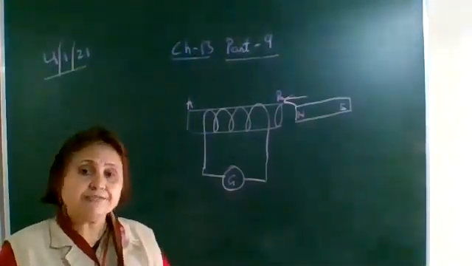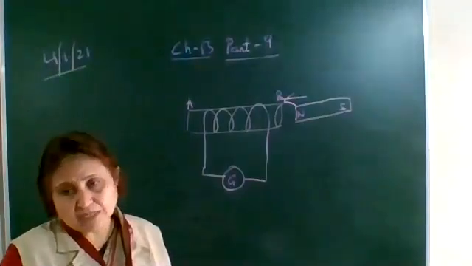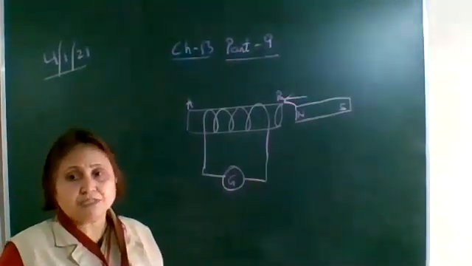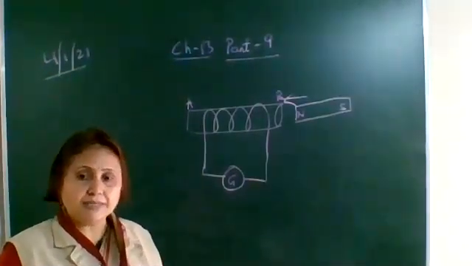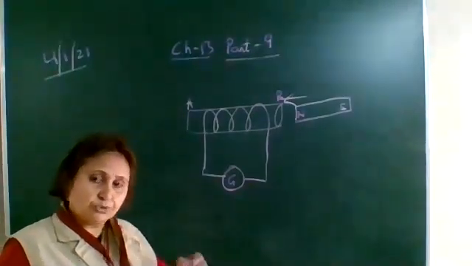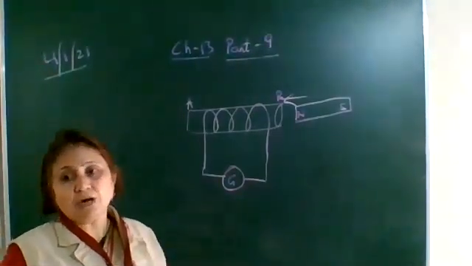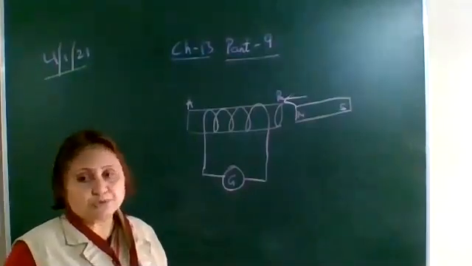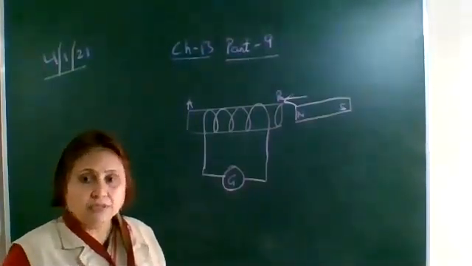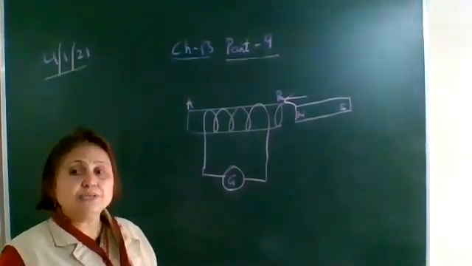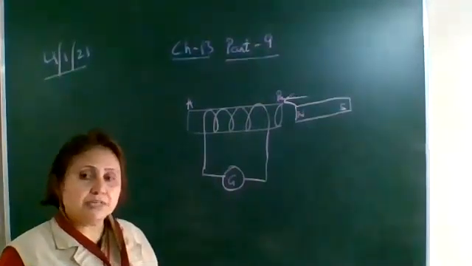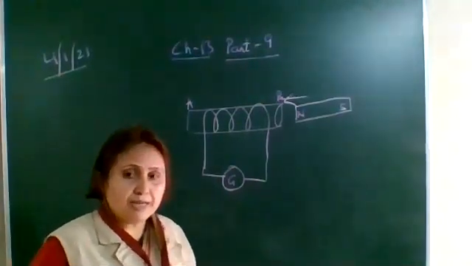Such a current we call the induced current, and this phenomenon is called electromagnetic induction. So, due to the motion of the magnet in or out of the coil, the current is produced in the coil. This current we call the induced current, and this phenomenon we call electromagnetic induction.